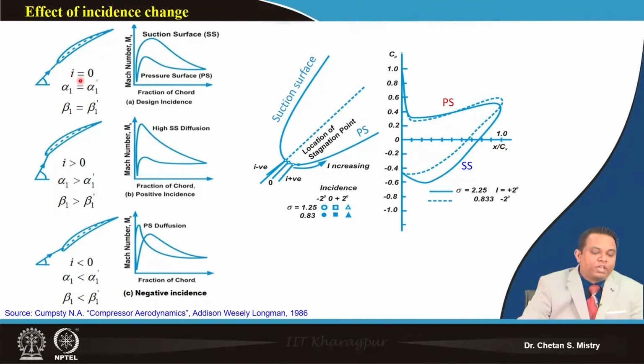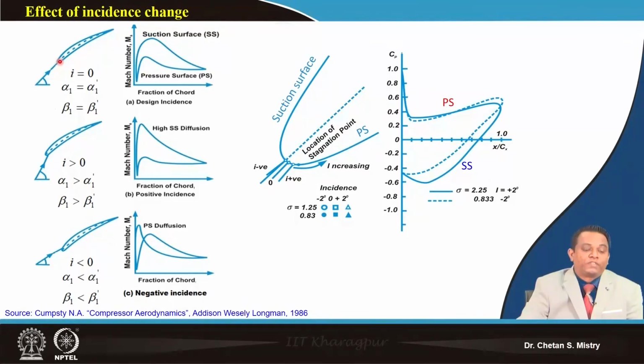Here we have three different conditions. First, we have our incidence angle equal to 0. What is the meaning of that? If I am talking about the stator, then my blade angle and air angle are the same, alpha 1 equals alpha 1 dash. Similarly, for the rotor, we can write beta 1 equal to beta 1 dash.